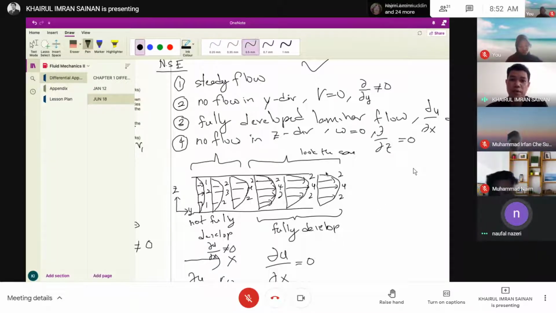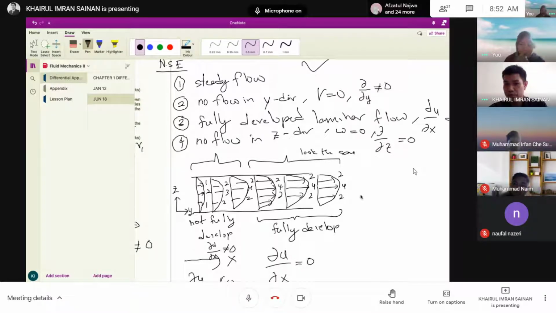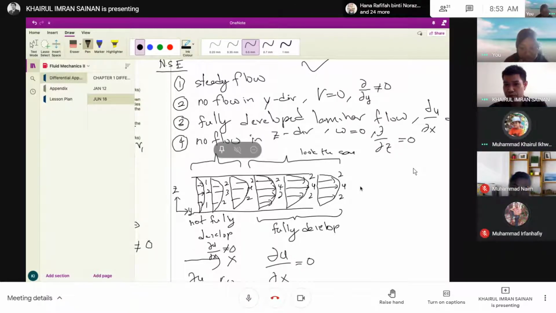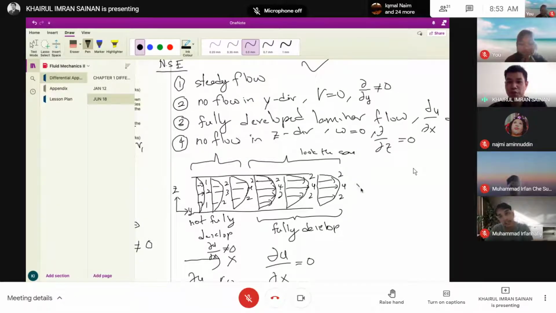Not D over D. We have velocity in Y direction. Meaning, instead of U, V. The component velocity should be V, right?